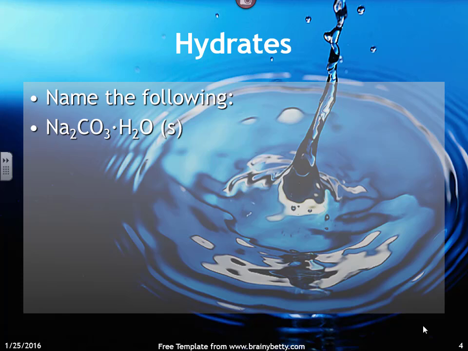We're going to have to look that up. Carbonate. Do we have a transition metal here? No. So we have sodium carbonate. And then how many waters are there? One. So we would say monohydrate. Sodium carbonate monohydrate.